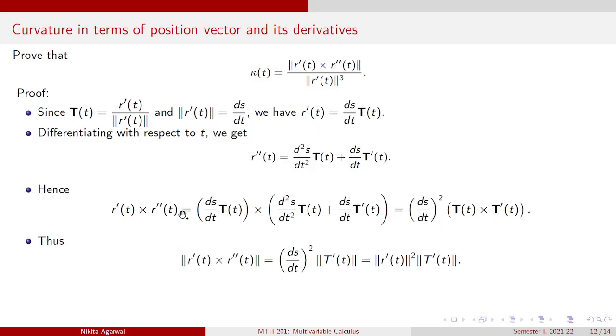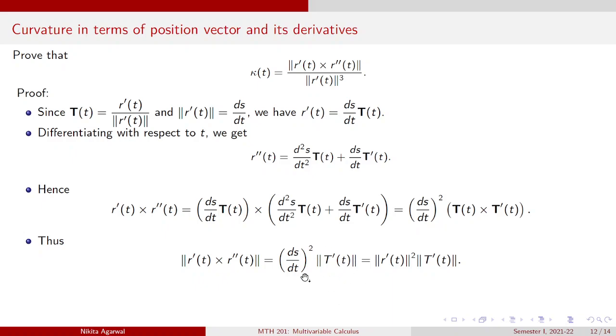Therefore the norm of this is nothing but this square times the norm of T'(t). Why? Because they are orthogonal, right? So by the parallelogram law that we saw, the norm of this cross product is nothing but the product of the norms of the individual vectors, but T(t) is a unit vector, so you only get this term, right?